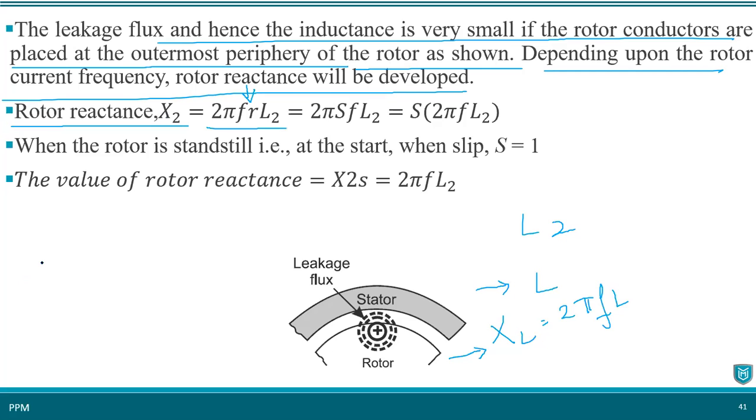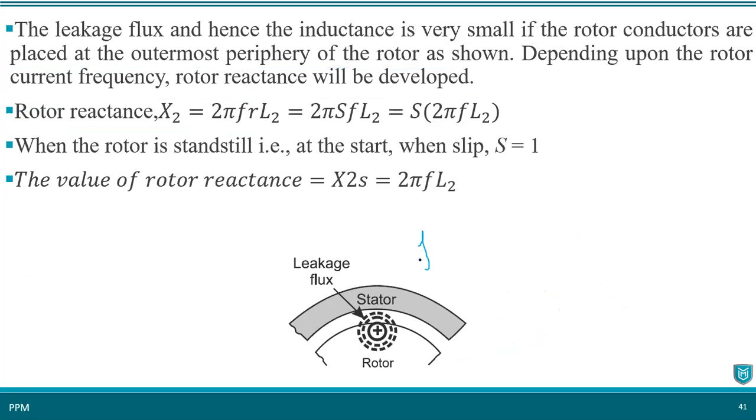So ultimately, as you know, Fr is equal to S into F. So this term Fr will be replaced with SF. Ultimately, rotor reactance will depend upon slip and the rotor inductance.